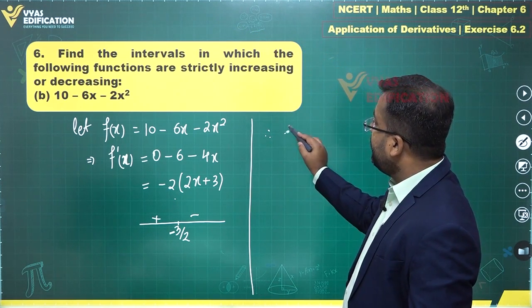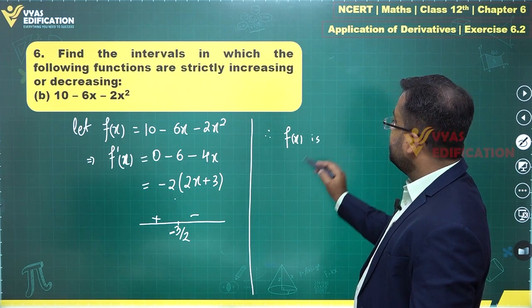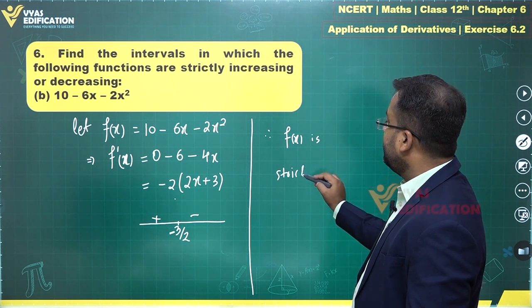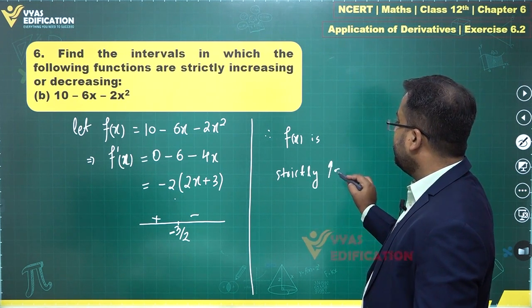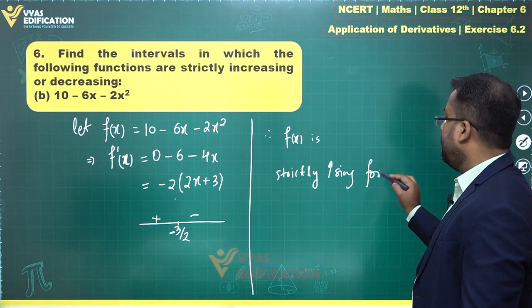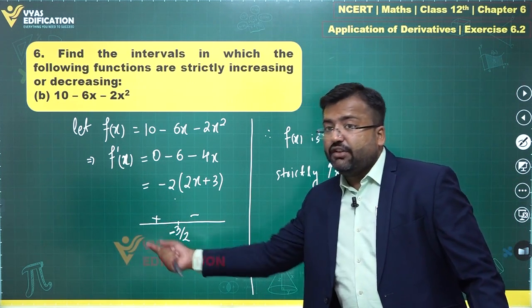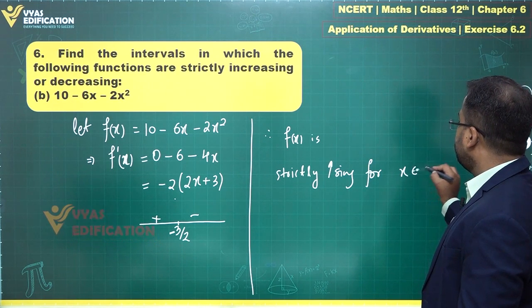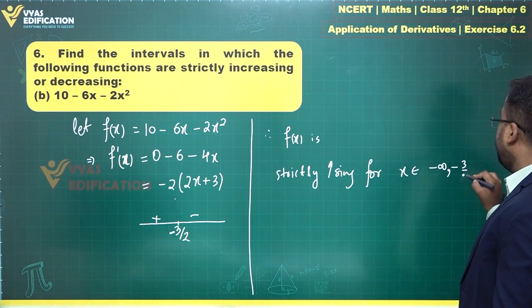Therefore, f(x) is strictly increasing for this interval, that is x belongs to (-infinity, -3/2).